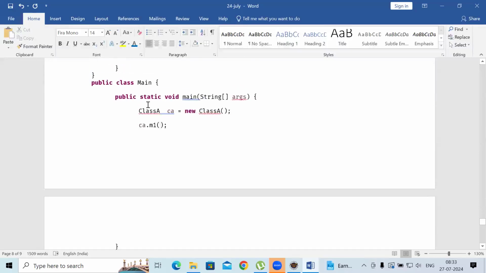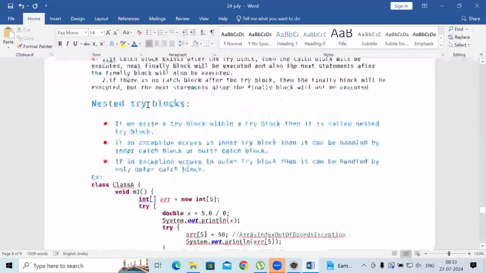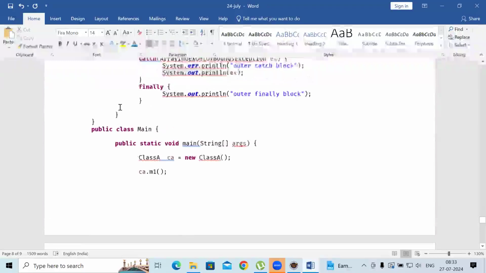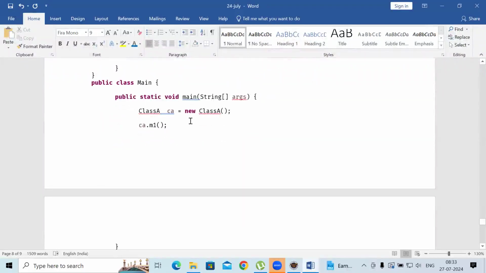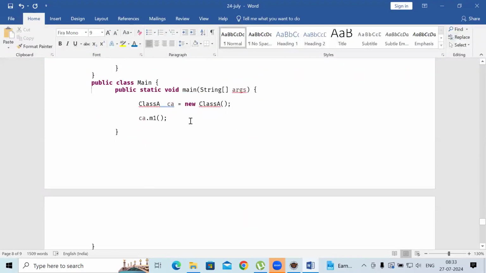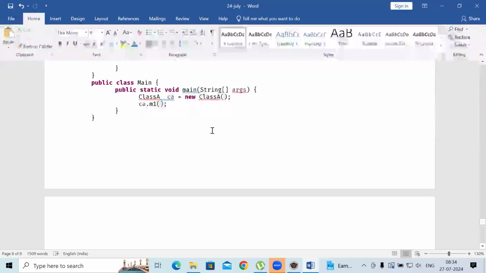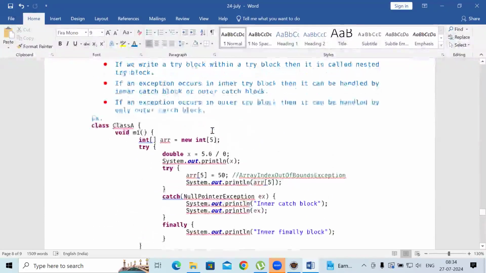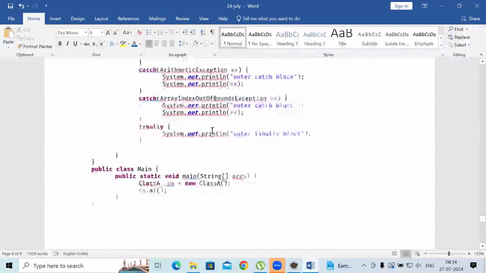Guys, this is the program code, and I just want to remove the spaces. Am I clear with my code now?